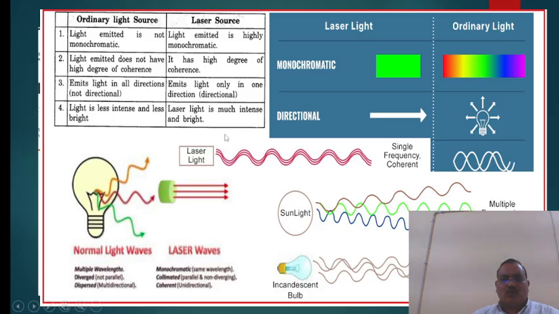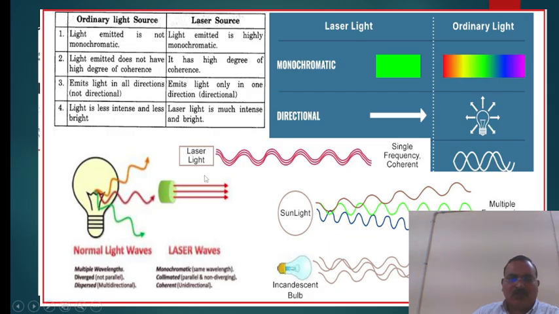So, if we are observing the sunlight, there are multiple frequencies of light waves, and they are all non-coherent. If we are using the incandescent bulb, just an ordinary bulb, then the light waves are non-coherent.